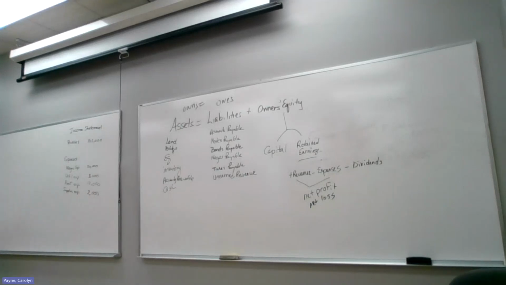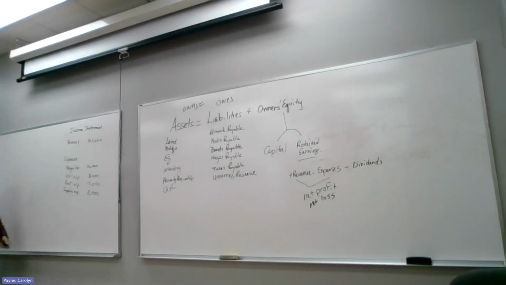Let's see what else. If we had to borrow any money, what do you have to pay to the bank when you borrow money? If you sign a note at the bank, you have to pay some interest. So if I had debt, I would have interest expense.